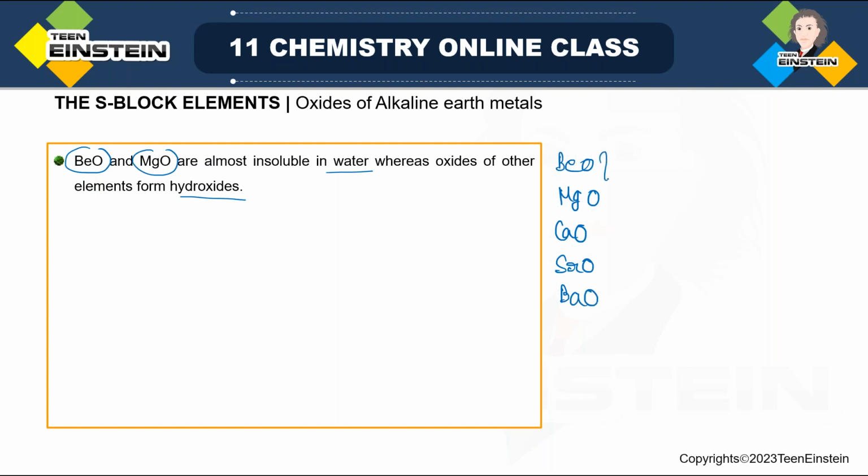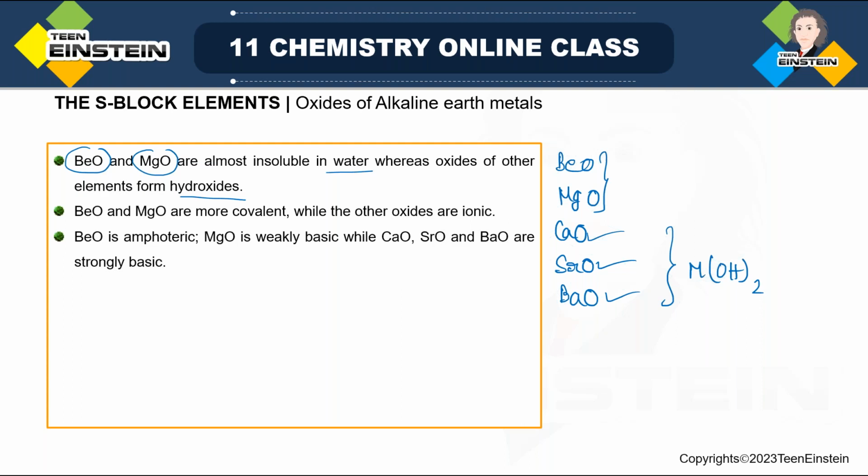So out of these two, water solubility is not present, but these three are easily soluble in water, and they can form the hydroxide. Hydroxide means M(OH)2, where M is Ca, Sr or Ba. The first two are basically covalent, so that is why insoluble in water, but the others are ionic.